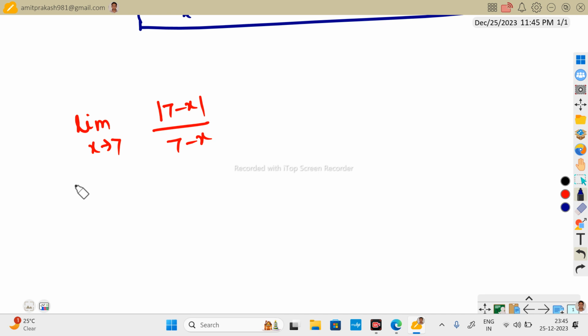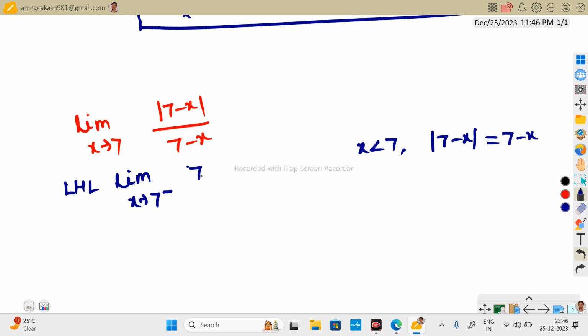First of all we find the left hand limit, LHL, limit x tends to 7 minus. For x less than 7, mod of 7 minus x is positive, so this is 7 minus x upon 7 minus x, this gets cancelled, and the limit is 1. So this is the left hand limit.